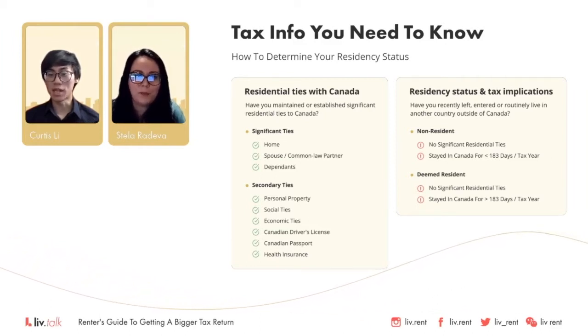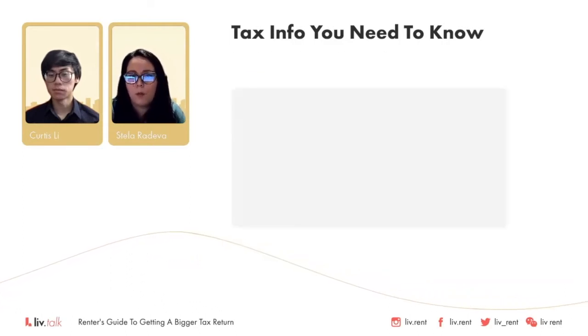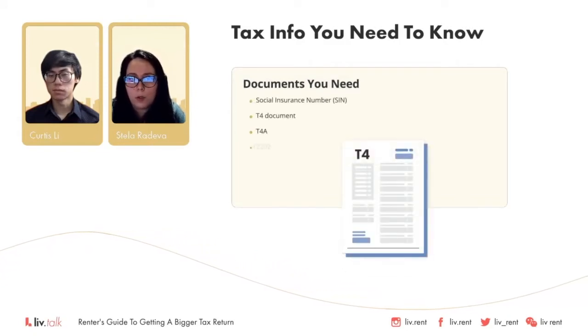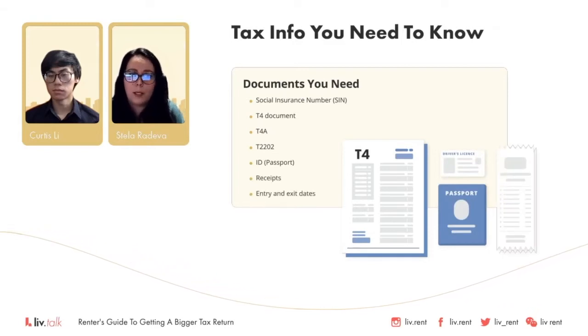So now that we know exactly what status we're going to be filing with, what do we actually need to file? So Stella, can you quickly go over what exactly renters need to have organized before they do their taxes? Yeah, sure. So to prepare for filing your taxes, you will need to make sure that you have the following documents available to you. So this is your social insurance number, your T4 documents from each employment last year.